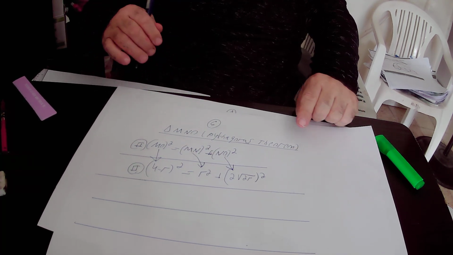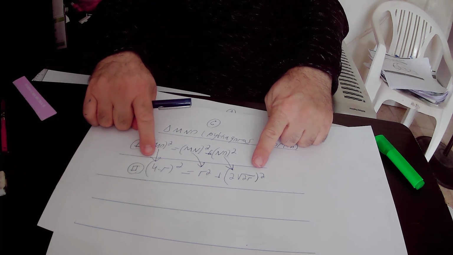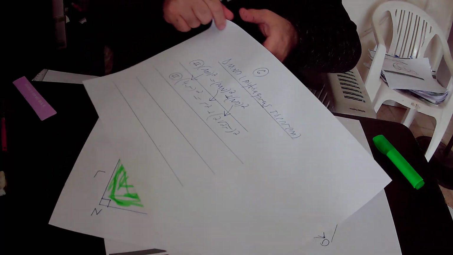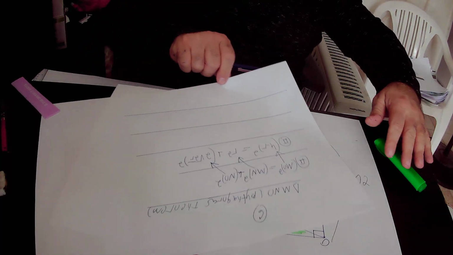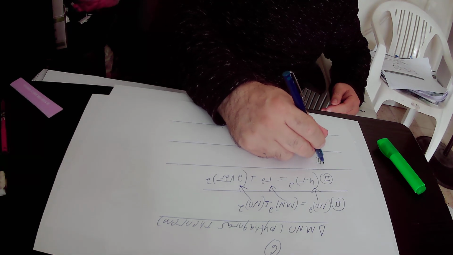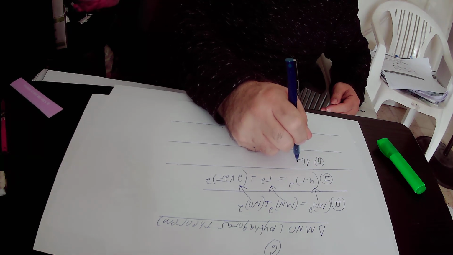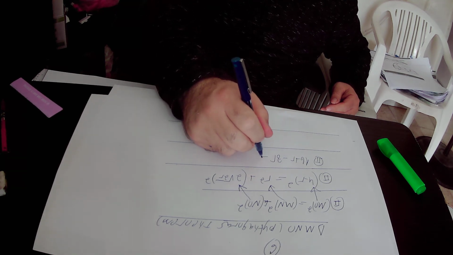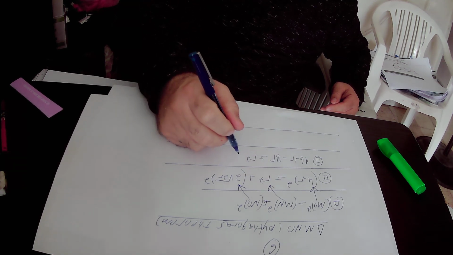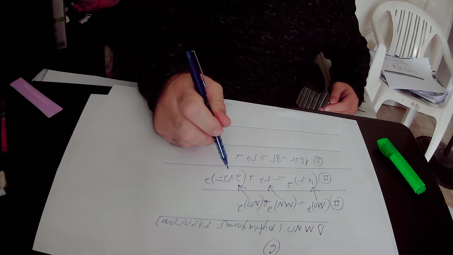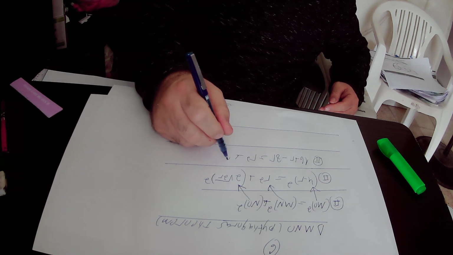So here we will open the brackets on both sides of equation number 2, and we will get that (4 minus r) square is actually 16 plus r square minus 8r, equals r square plus 2 times square root of 2r square, which is 8r.